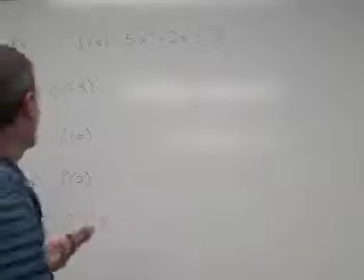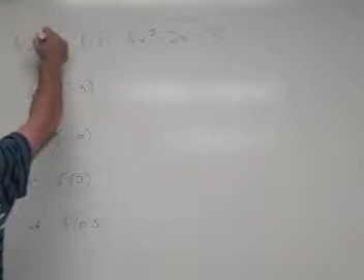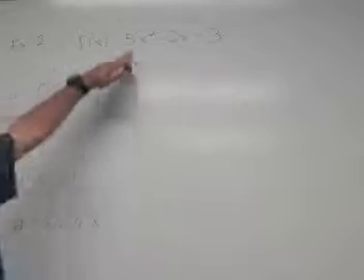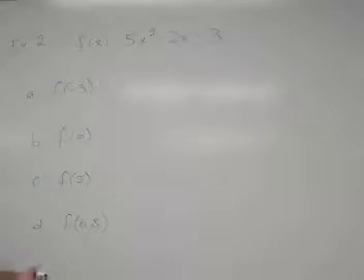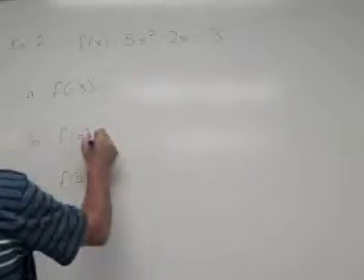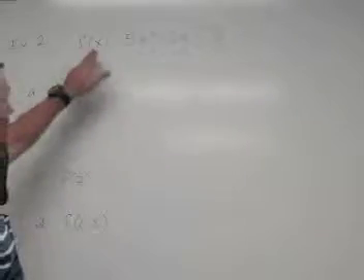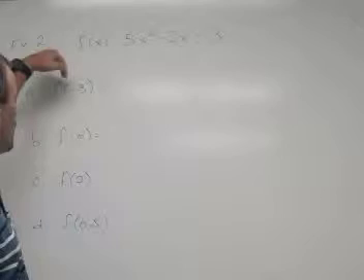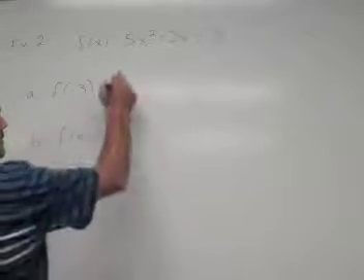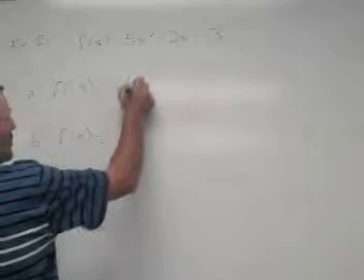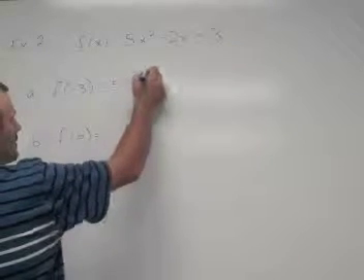As we look at example 2, we are again given a different function, 5x squared minus 2x minus 3. And in this case, we're given other values to use. So again, x is our generic input value. We are given a specific input value in part A of -3. So we're just going to replace all the x's with -3's.